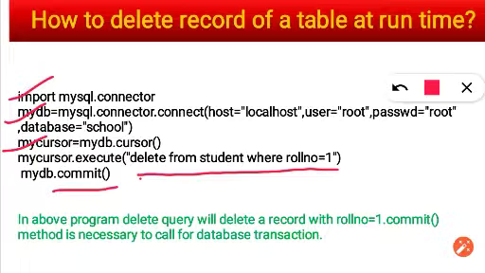This commit is a transaction control command that all of you know, with which it will be committed that this particular delete statement is done. So for database transaction, we have to use this commit statement.